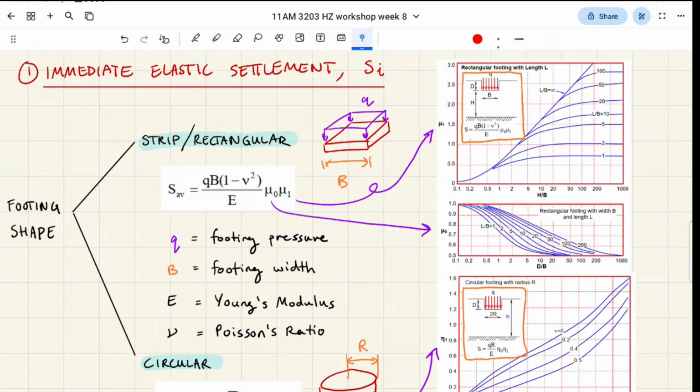Poisson ratio. Imagine you have like this soil mass, right? Just made up a bunch of soil. And you push it this way, right? You apply some load to it, and say it settles 1 millimeter, okay? The idea with the Poisson ratio is it's almost like a squash ratio of how much it's going to expand outwards after that, right?